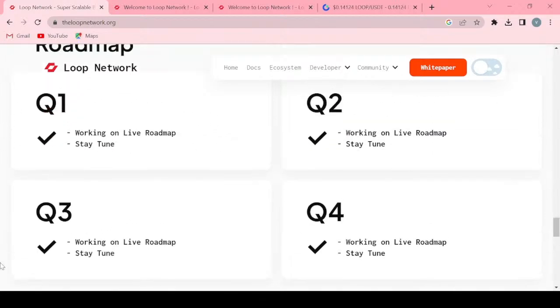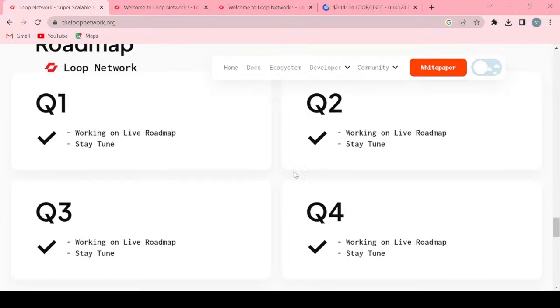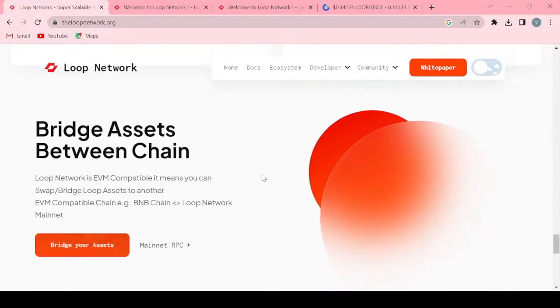So stay tuned to get the roadmap for the Loop Network, because nothing has been done on the roadmap section. We have to wait and see what they are going to do in the future, and also the current process. Stay tuned with the Loop Network to get all this.